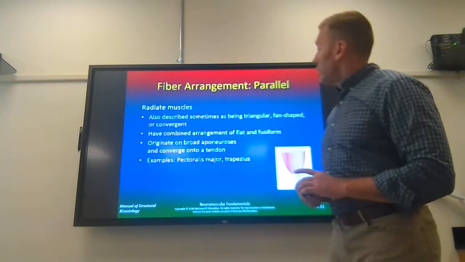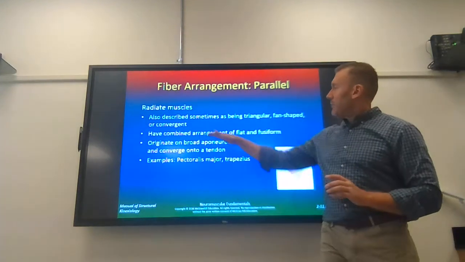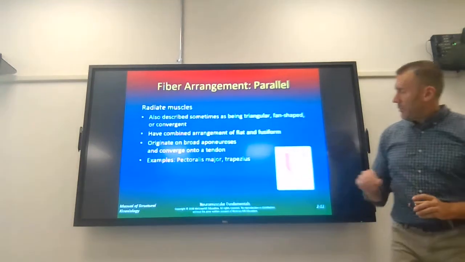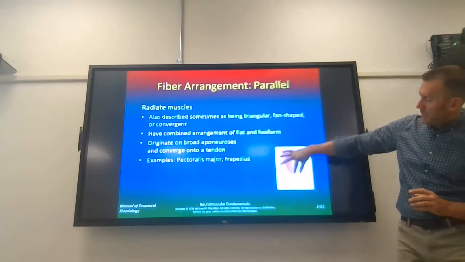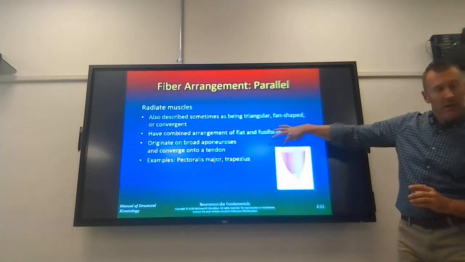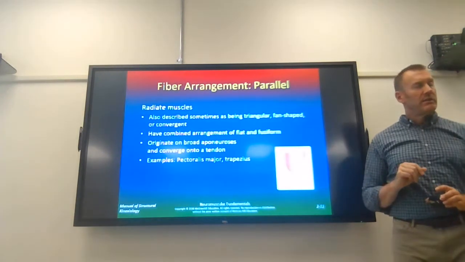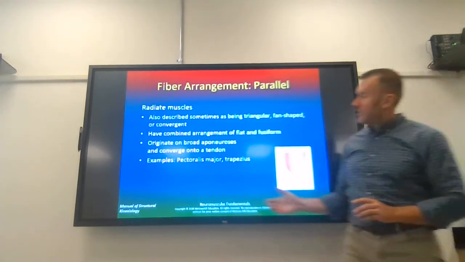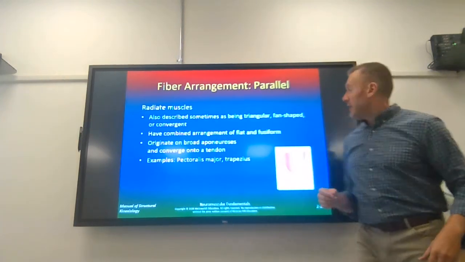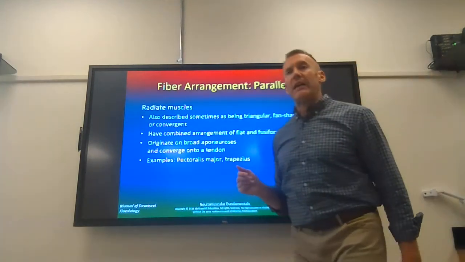Okay. So radiate muscles, kind of a combination of flat and fusiform. So you have the fusiform, this spindle type shape, but then you also have the flatter surface as well. So each side has an attachment point to the skeleton. So the pectoralis major. What part of the pectoralis major would represent the flat arrangement?